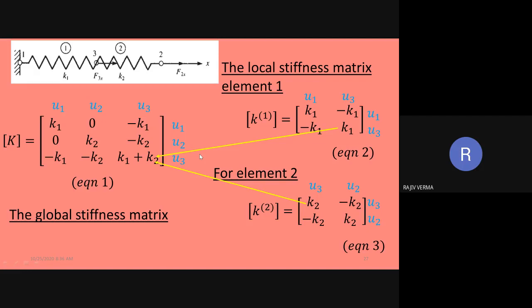This is primarily because node number 3 happens to be common to both element number 1 and element number 2. So this basically gives us a set of rules which are supposed to be followed for transferring the stiffness matrix from the local domain to the global domain. And we are going to follow this particular example in the future classes also. So this is it.